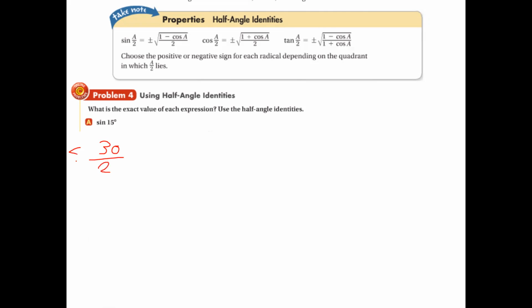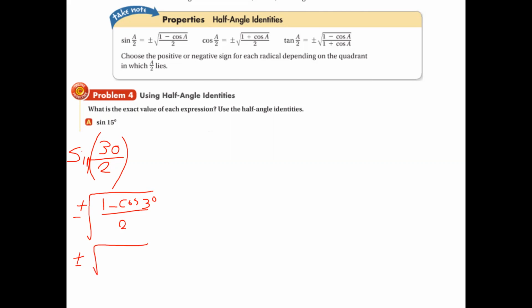So I want to find sine of 30 over 2. It could be positive or negative, the square root of (1 minus cosine 30) over 2.